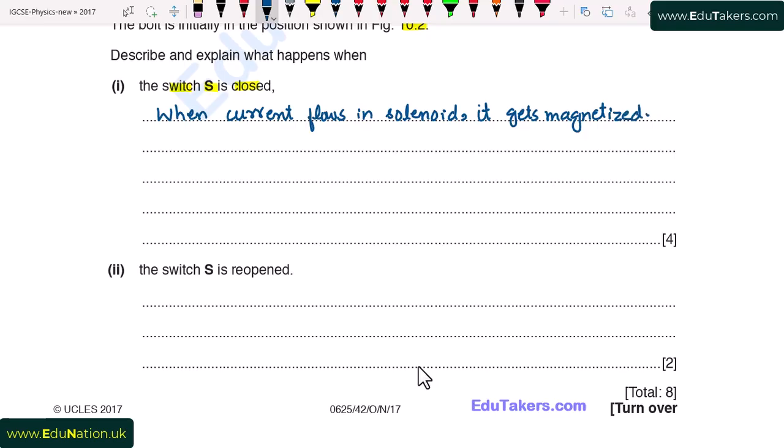The bolt also gets magnetized with opposite polarity.